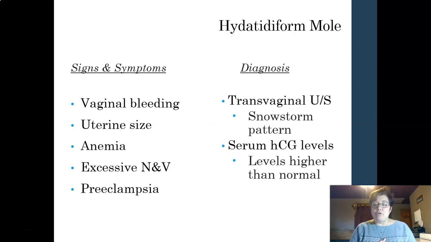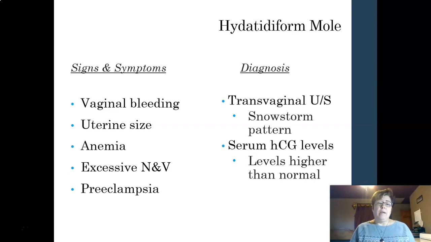If they were to measure, the uterus is going to be larger in size than what it should be at that time in the pregnancy because of all of the vesicles. These vesicles grow very quickly, and so the uterus is often larger than what it would be if it was an actual pregnancy with a fetus.